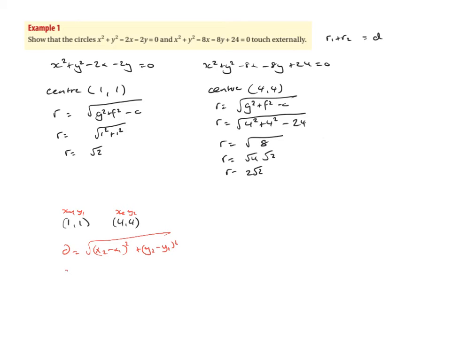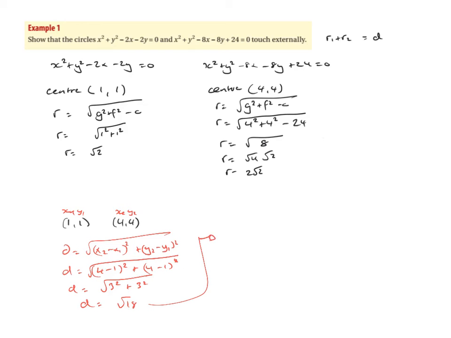So we're going to stick those numbers in. We get d is equal to 4 minus 1 all squared plus 4 minus 1 all squared. And don't forget to square root that. This is equal to 3 squared plus 3 squared, guys, square root, and I hope you can see that d is equal to 9 plus 9, which is root 18.